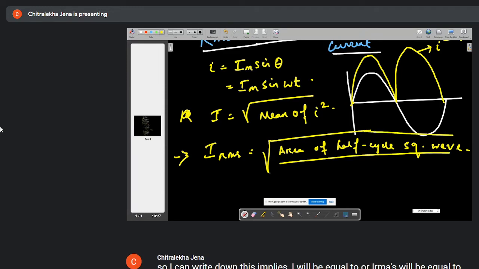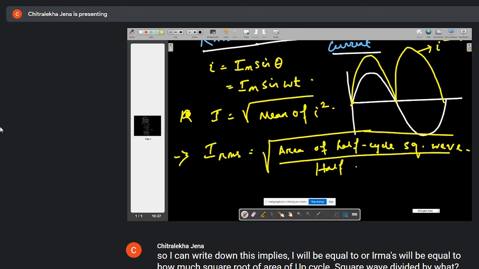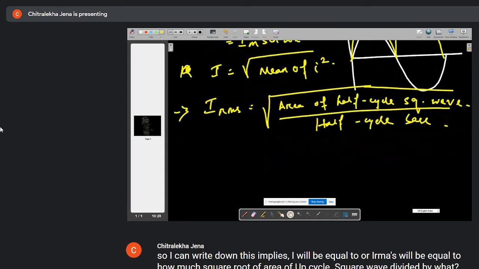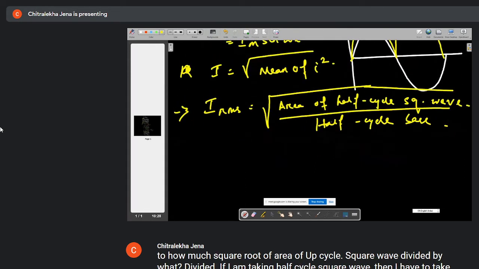If I am taking half cycle squared wave, then I have to take half cycle base. Yes or no? Yes, ma'am. Half cycle base. Okay. So this you find out: area of half cycle squared wave.